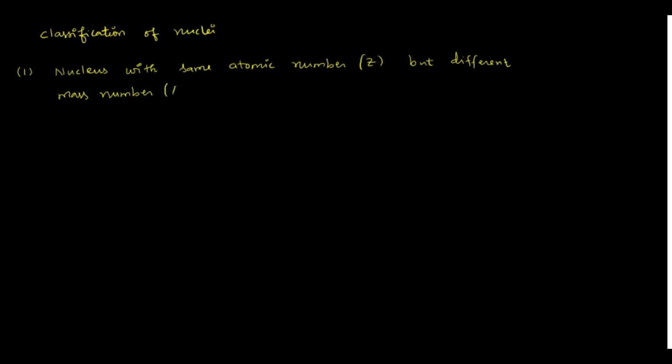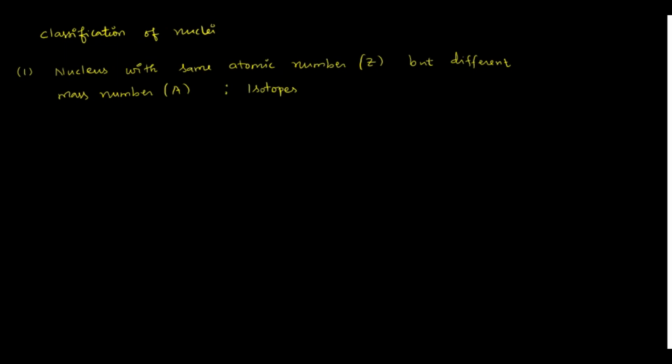The first classification is nuclei with the same atomic number Z, but different mass number A. So a nucleus may contain the same atomic number but different mass number. Such nuclei are called isotopes.